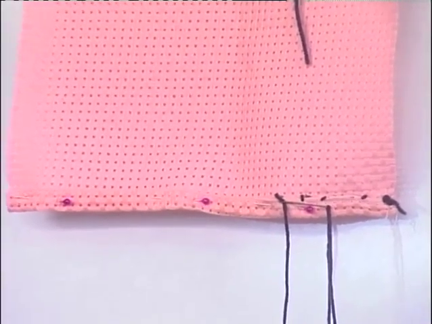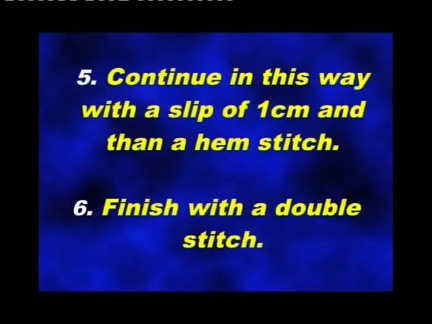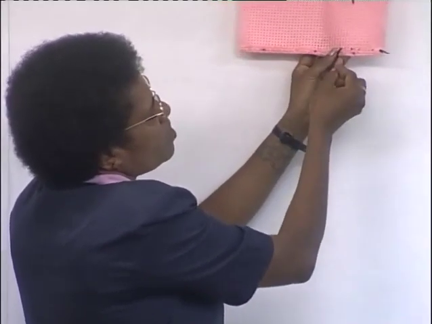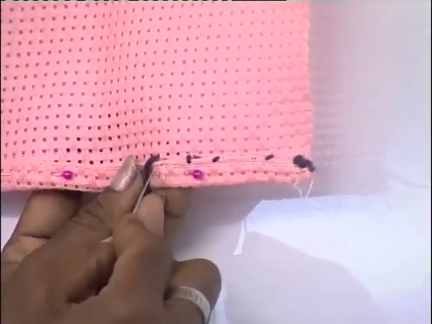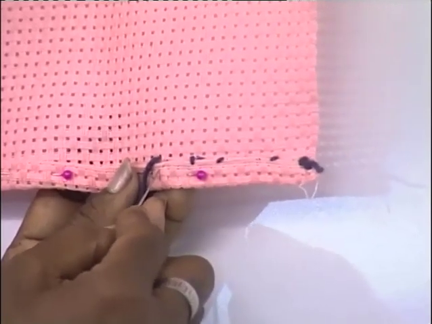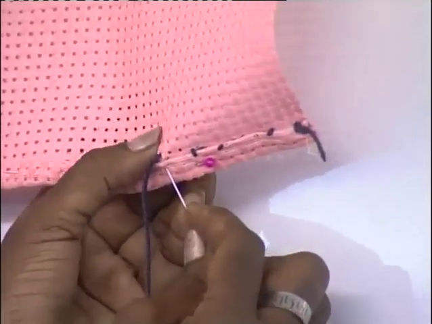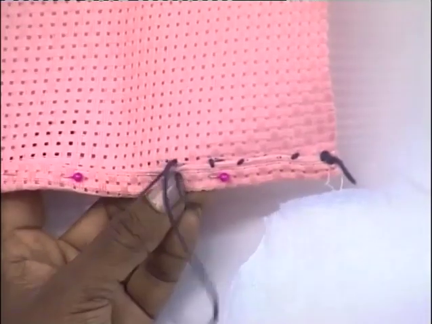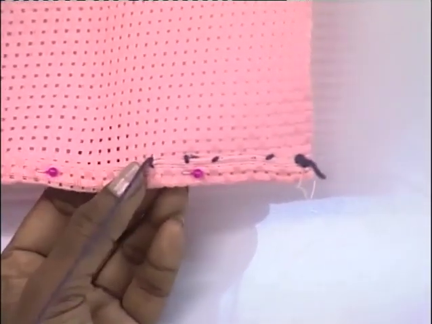Now let's see the last step. What does it say? Finish with a double stitch. Now double stitch, from there, the needle comes above the folded hem, goes underneath and comes up where the thread is. And it's pulled through. First stitch made.